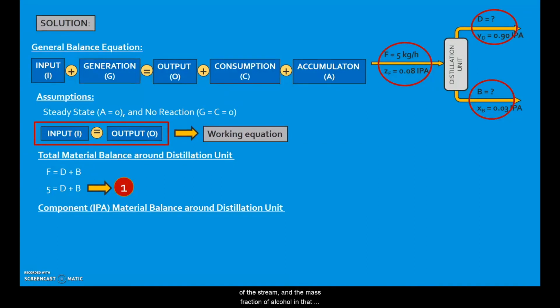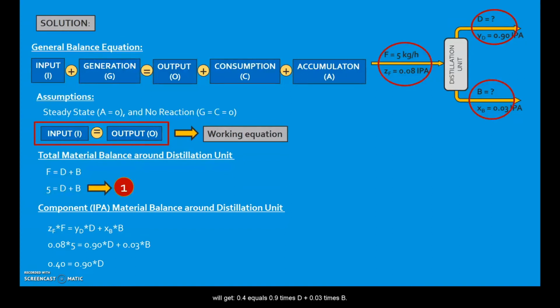Therefore, the alcohol balance around the unit is ZF multiplied by F is equal to YD multiplied by D plus XB multiplied by B. Substituting the values that we know and simplifying, we will get 0.4 equals 0.9 times D plus 0.03 times B. And this gives us our equation number 2.